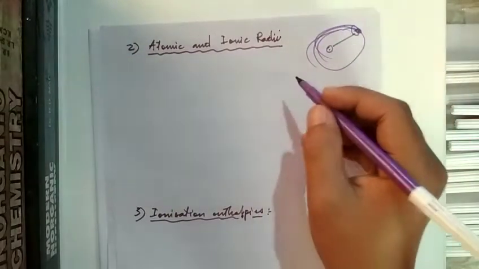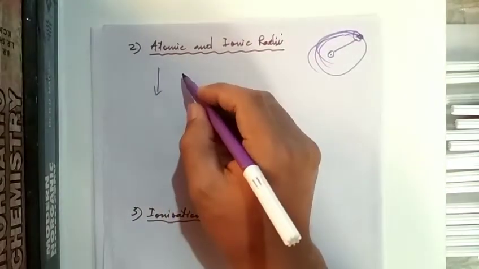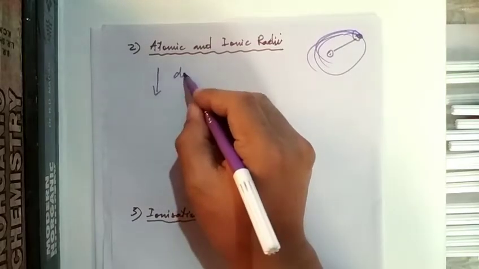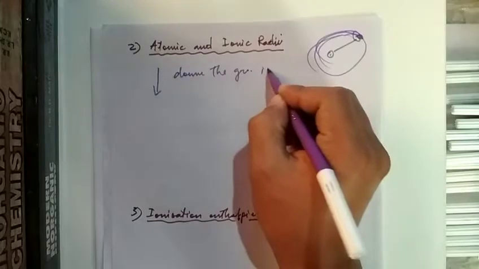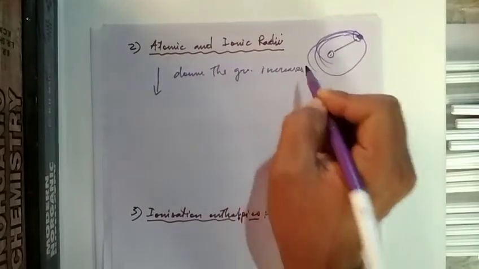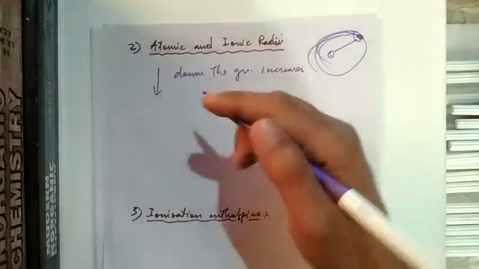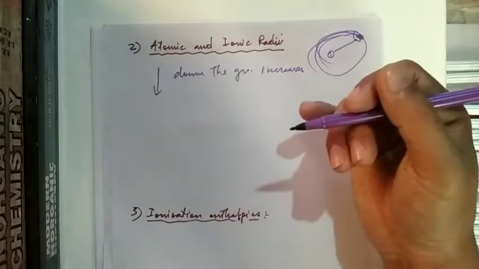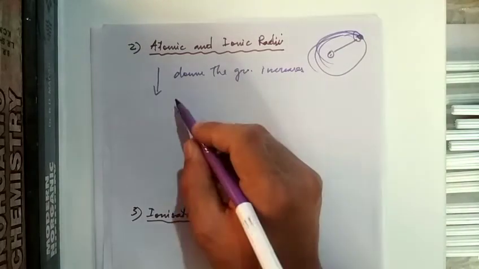Atomic and ionic radii both increase down the group, because as the atomic number increases down the group, the atomic radii will also increase, and even the ionic radii.